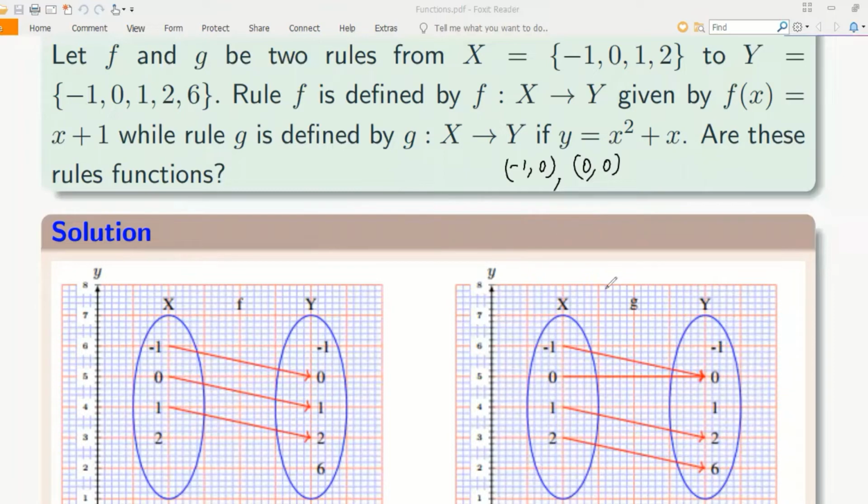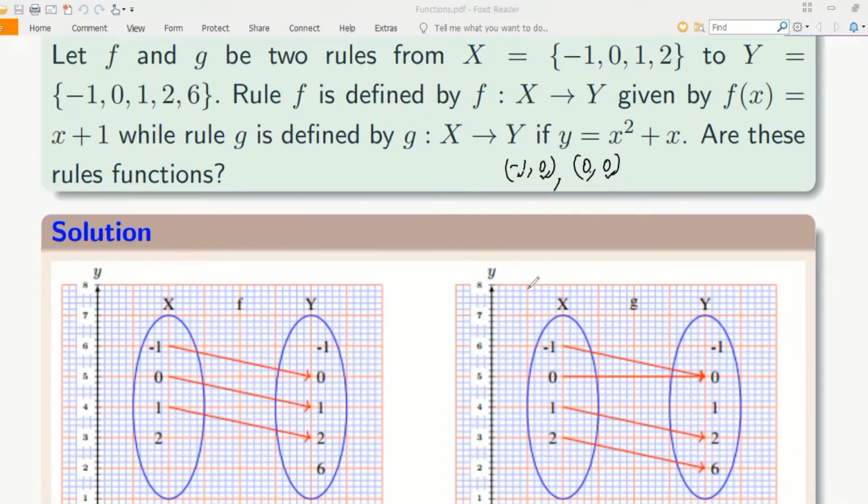That one, there's no problem there because the definition only talks about the object. So the definition only says that every object must have a single image. And so what we are saying here is that this object has a single image, and this object has a single image. So there's no problem there. It remains a function.